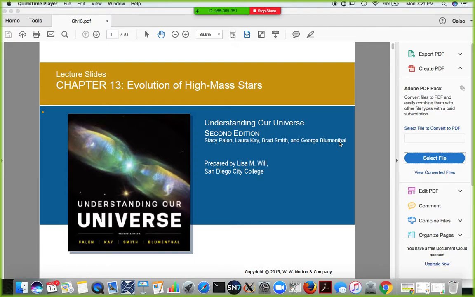Whereas low mass stars, those with less mass, don't have that much pressure. And because of that, they take it easy. They take a long time to become main sequence, and they take an even longer time to become a giant star, to get off the main sequence.